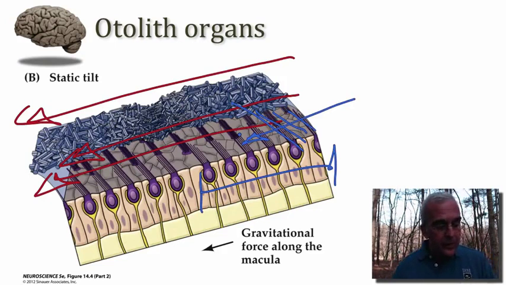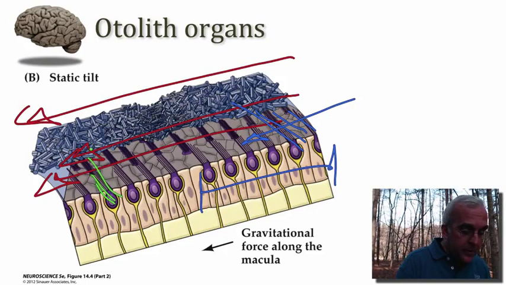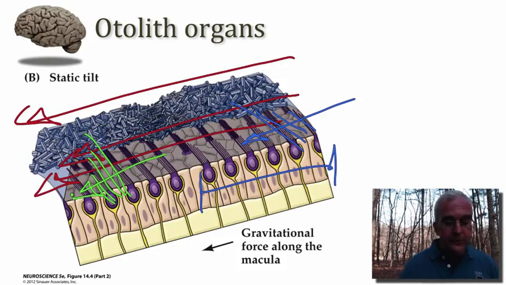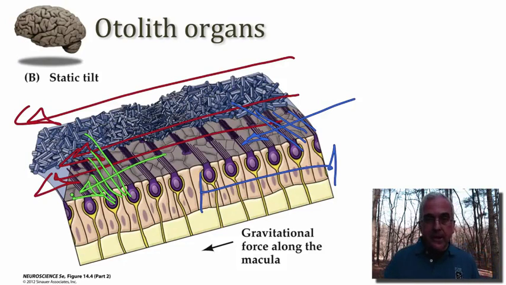But the hair cells on the opposite side of the axis of symmetry are going to be hyperpolarized because they're going to be deflected away from their longest stereocilium. So within each macula of our otolith organs, half of the population of hair cells will be activated by a static tilt, whereas the other half will be deactivated or hyperpolarized.